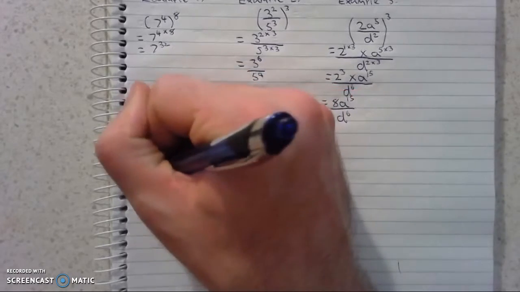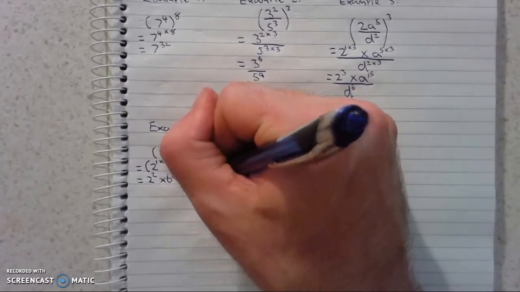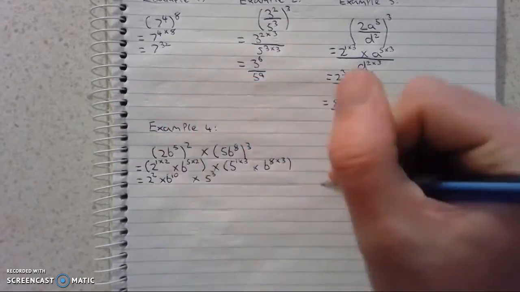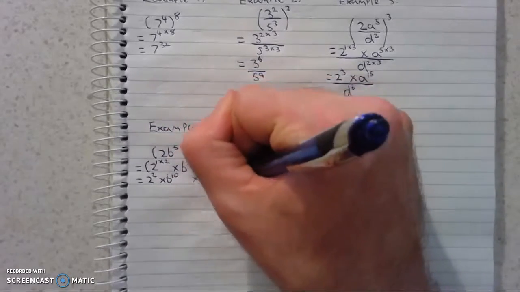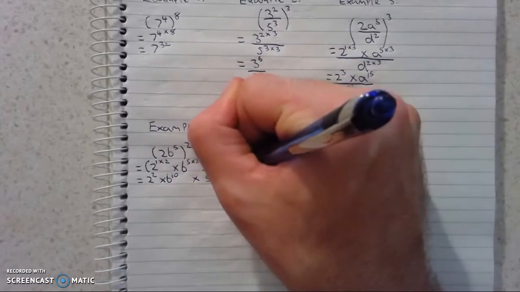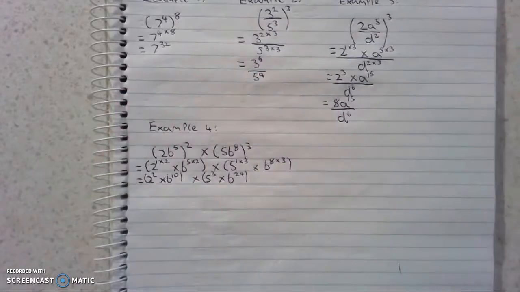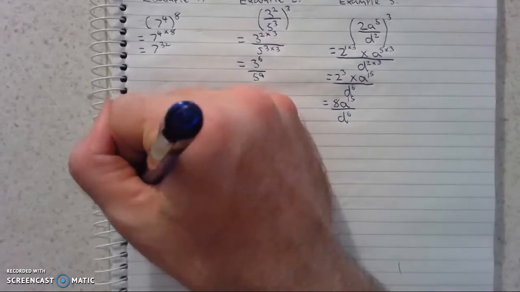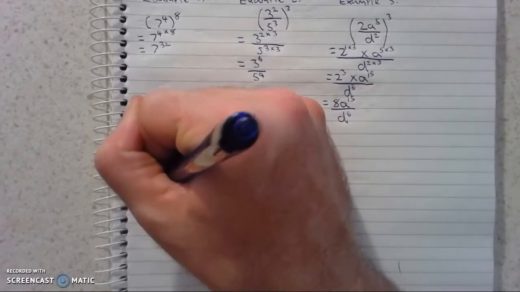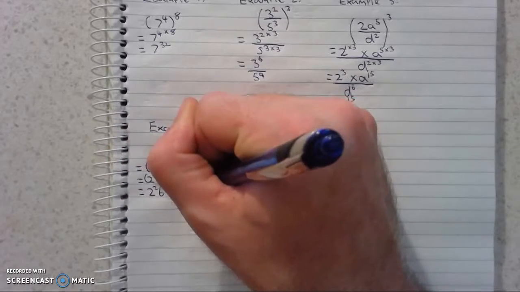And that is 5 to the power of 3 times b to the power of 20, which can be written as 2 squared b to the power of 10 times 5 cubed b to the power of 20.